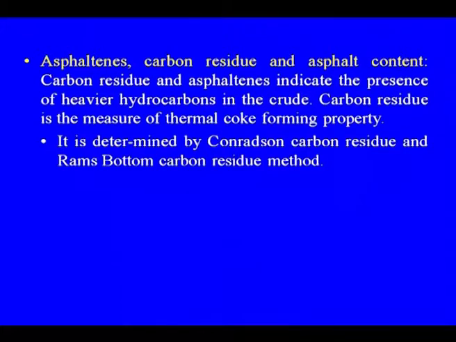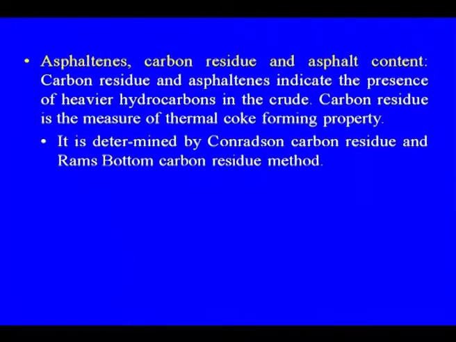Carbon residue is the measure of the thermal coke forming property, because this is one of the problems we are facing in the refinery. We use a large number of furnaces where we are heating, and even in the naphtha cracker, coke formation is there, which reduces the efficiency of the furnaces.